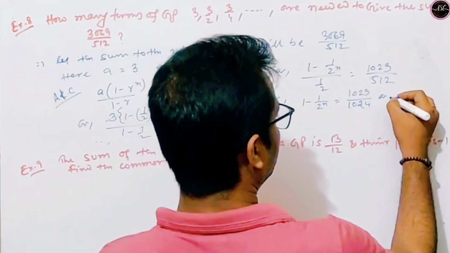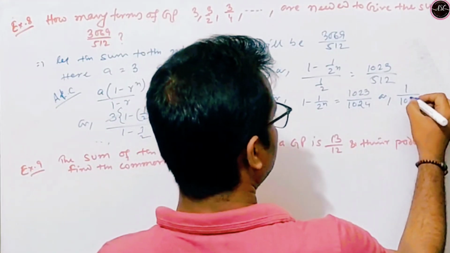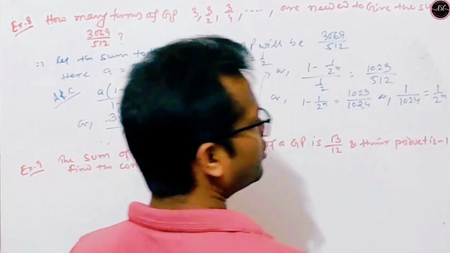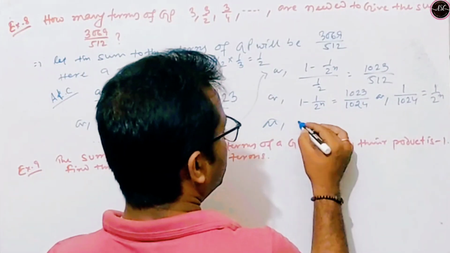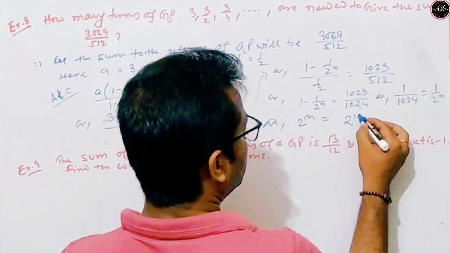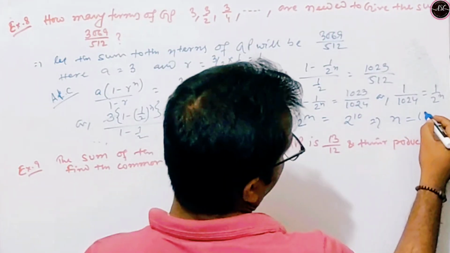So 1 by 1024 equals 1 by 2 to the power n, or 2 to the power n is equal to 2 to the power 10, which implies n equals 10.